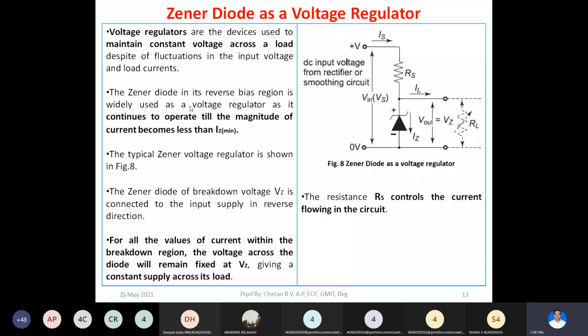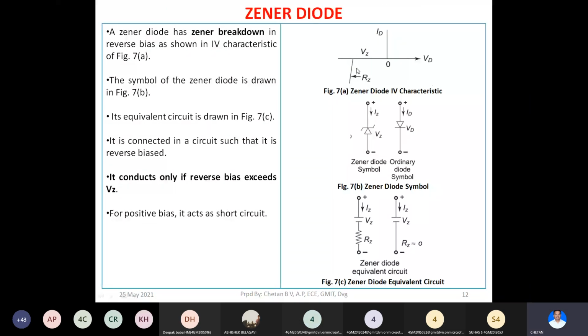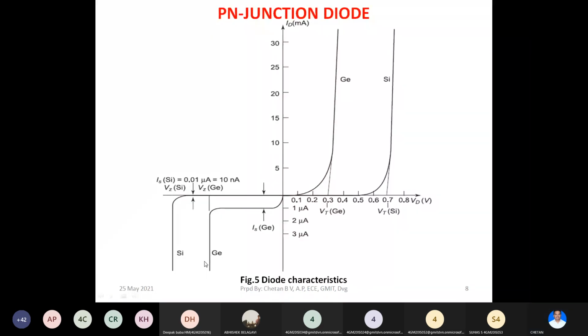So this Zener diode operates in reverse bias condition. It will continue to work like a voltage regulator till a minimum current called IZ minimum. So here you can see, as the reverse characteristic is plotted in the third quadrant, in the third quadrant you can observe both voltage as well as current are on the negative axis, right?